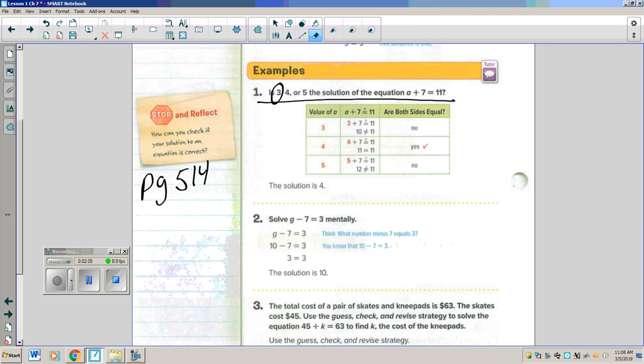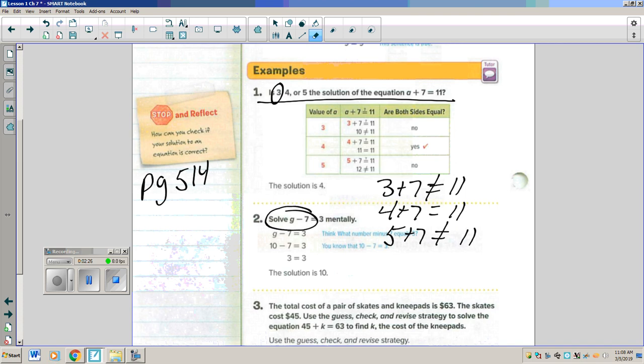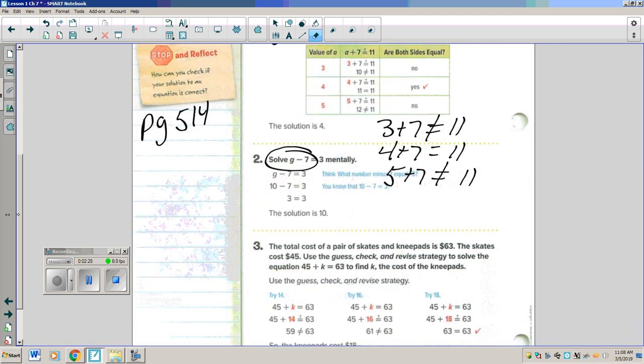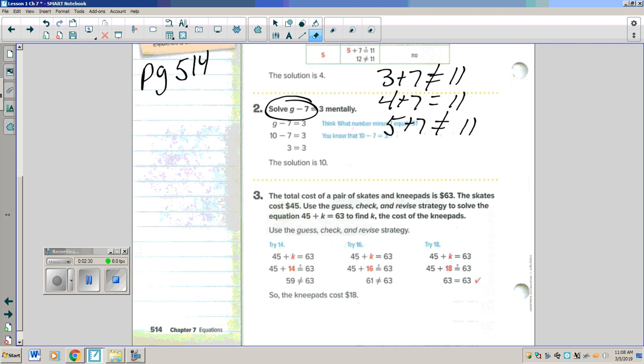First time a is 3. 3 plus 7 does not equal 11. 4 plus 7 does equal 11. 5 plus 7 does not equal 11. You're going to be doing all operations. You'll have a subtraction one, and then you'll have to do with the word problems.